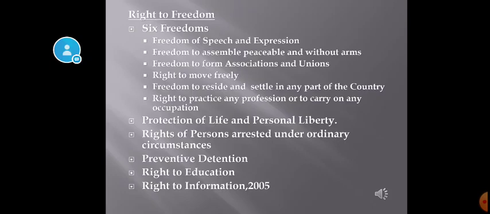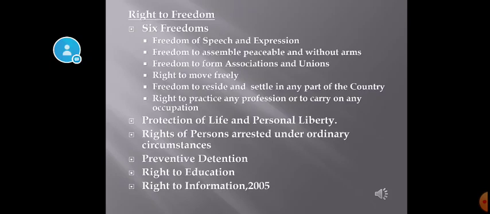Our sixth point describes the right to practice any profession or to carry on any occupation. All citizens have the right to practice any profession or to carry on any occupation, trade or business, but the right is subject to certain exceptions.